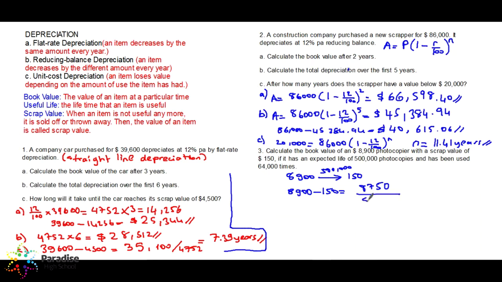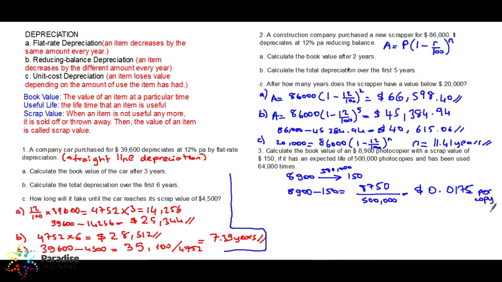So I will find out how much one photocopy costs. If I divide into 500,000, it means that when you make one copy, you are going to lose $0.0175 per copy.